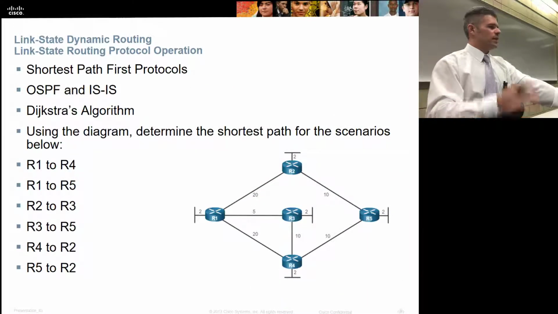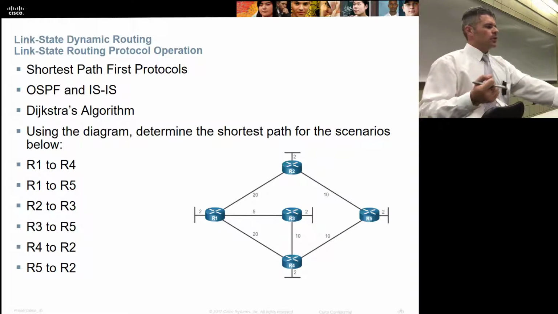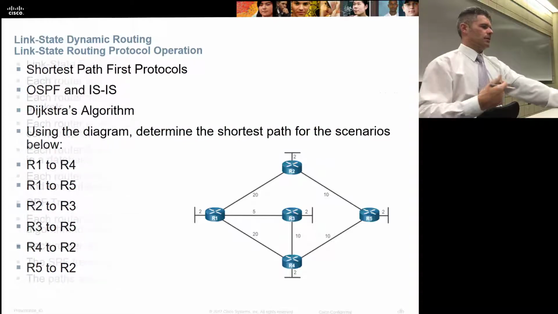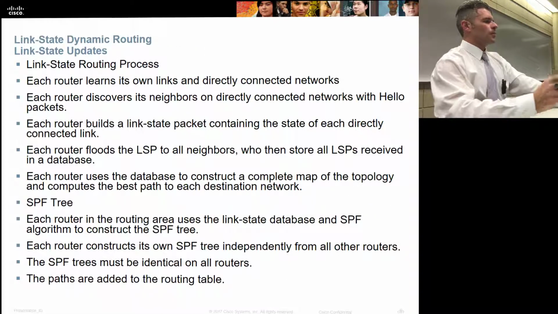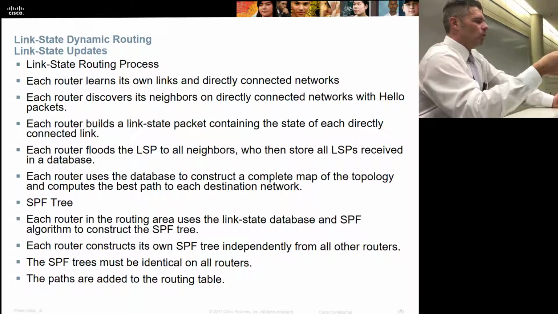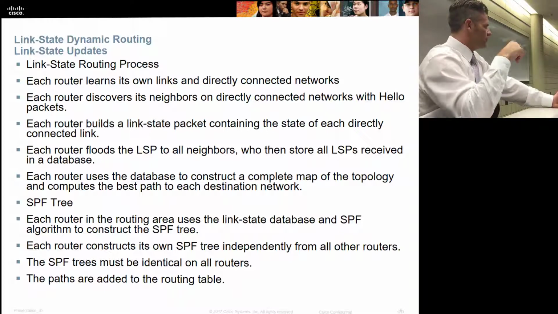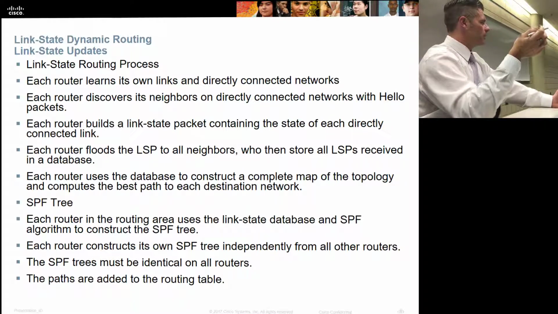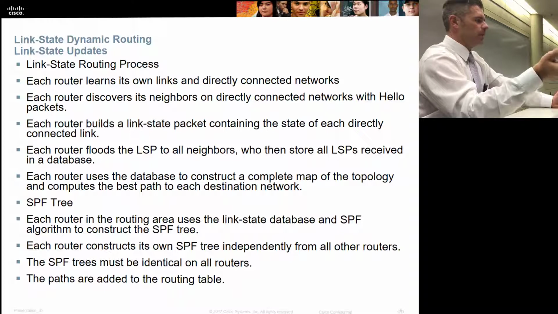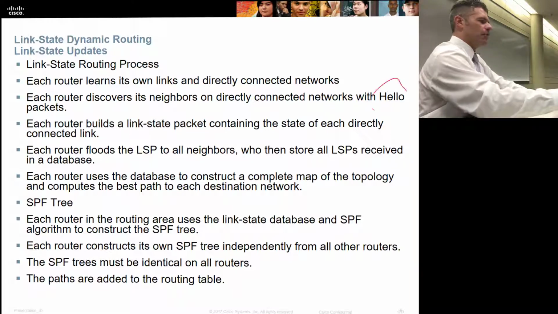So link state dynamic protocols sit there and figure out the shortest path first. Let's back up to this one. Routers first figure out where the things are connected to, same way as before. So like who's plugged into me, and then who's plugged into who's plugged into me. They use hello packets to do that.